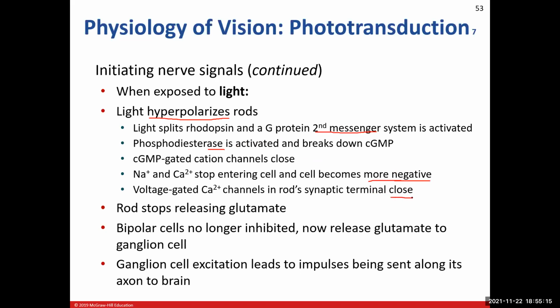And so our photoreceptor, the rod here, is not releasing its glutamate, which means it's no longer hyperpolarizing the bipolar cells. So now the bipolar cells can release their neurotransmitter, which is glutamate, onto the ganglion cell. That ganglion cell then becomes activated, and it is going to send its impulses back to the brain on the optic nerve, cranial nerve number 2.